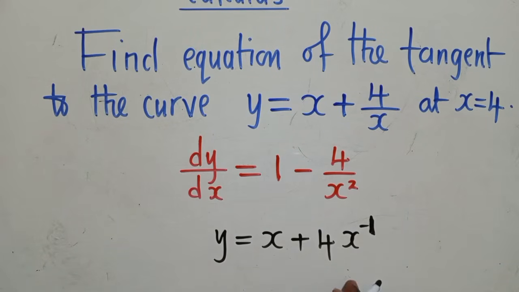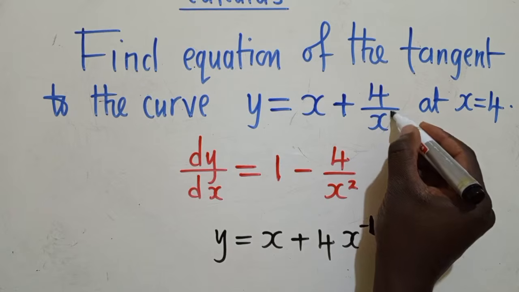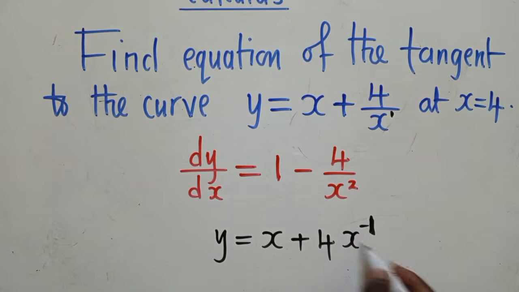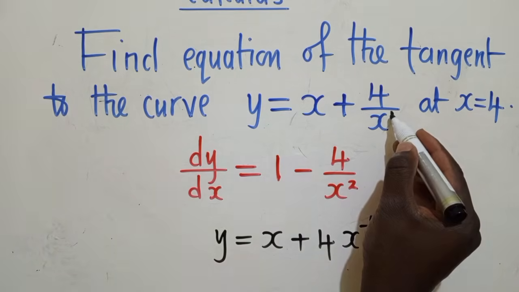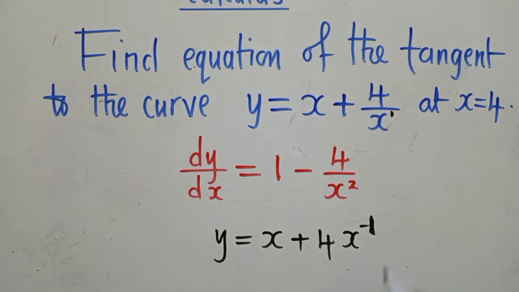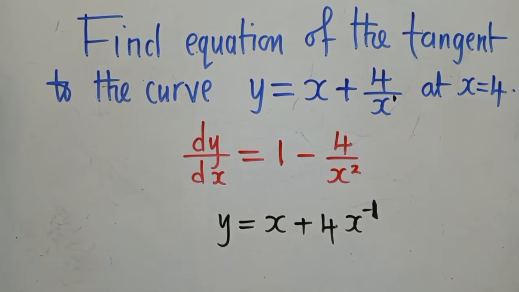You see the way I've written it? Using the laws of indices, it went up and the power changed. It was positive, it was +1, now it's -1. And when finding the derivative, we look at the powers.